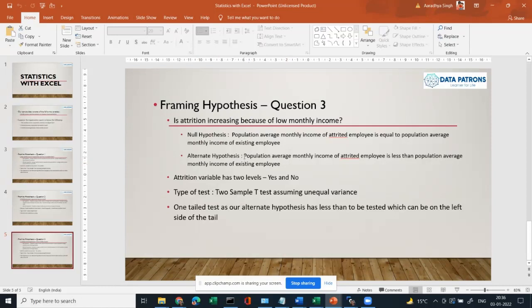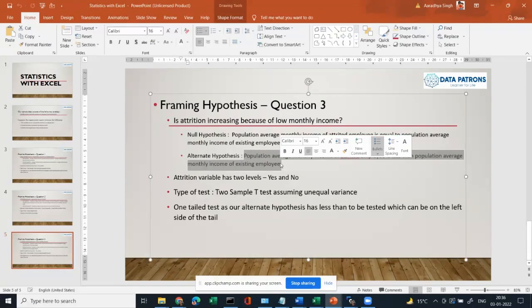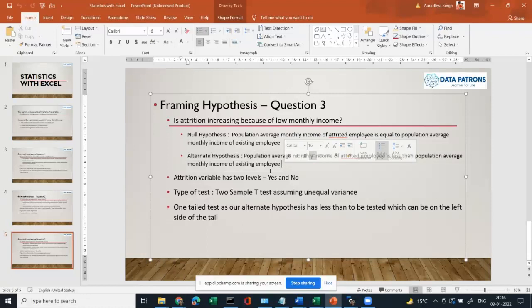This is really what the organization is worried about. The organization wants to know if monthly income for attrited employees is really less than the monthly income of existing employees. And that is exactly what we have framed as part of our alternate hypothesis.